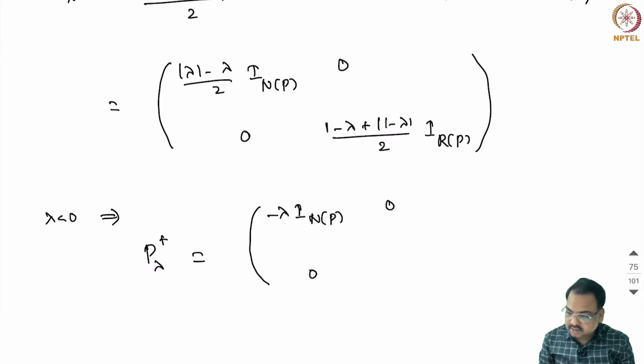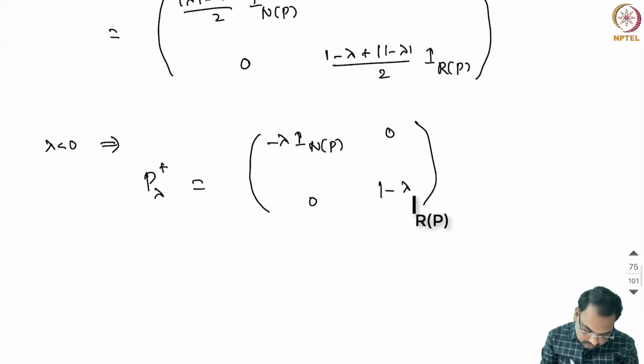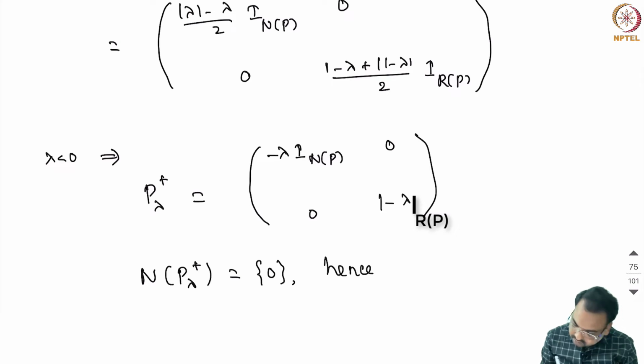When lambda is less than 0, 1 minus lambda is positive, so you will get 1 minus lambda. So the null space of P lambda plus is nothing but the 0 space, hence E lambda is the projection onto the null space of P lambda plus. So this is 0 whenever lambda is less than 0.